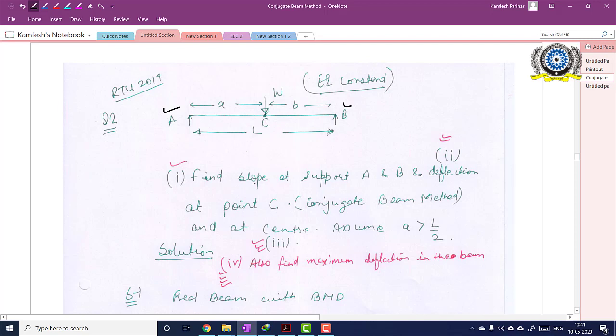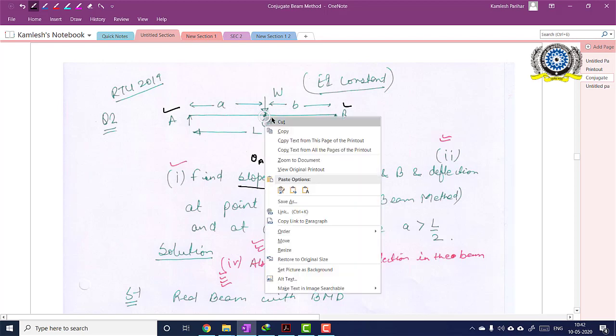First I have to find out the slope at supports, that is theta A and theta B, and the deflection at point C.